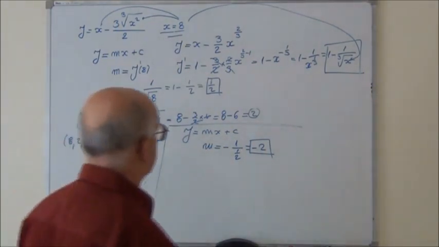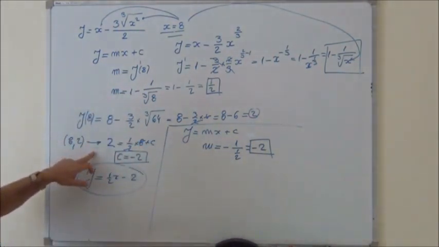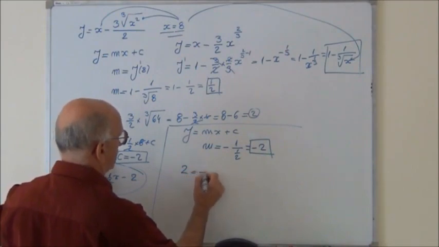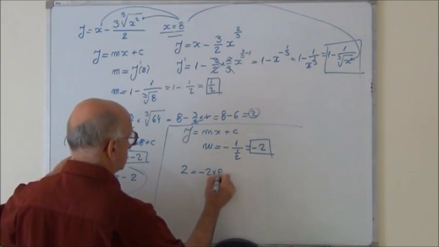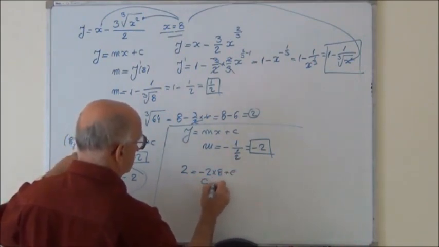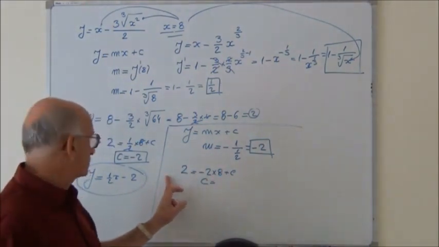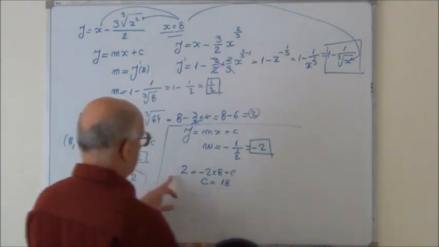Again, we have to find the y-intercept, the same as we did here. For y is 2, equals gradient minus 2 multiplied by x is 8, plus c, and c is equal to, this is minus 16, on the other side plus 16, and plus 2 is 18.